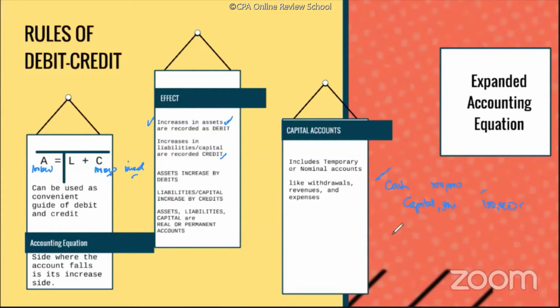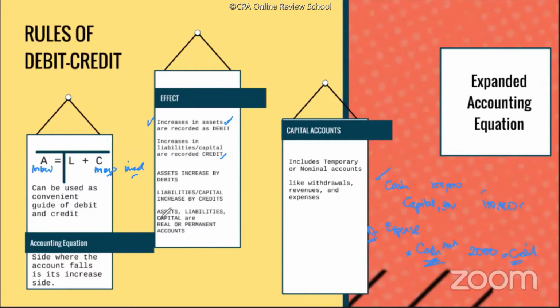Okay? And then meron kang expense na account. So yung expense na account is debit side palagi. Okay? And then bawasan mo yung cash ng salaries expense na maybe 2,000. Diba? Decrease in cash. Credit mo siya. Decrease in asset. Ang cash ay asset.